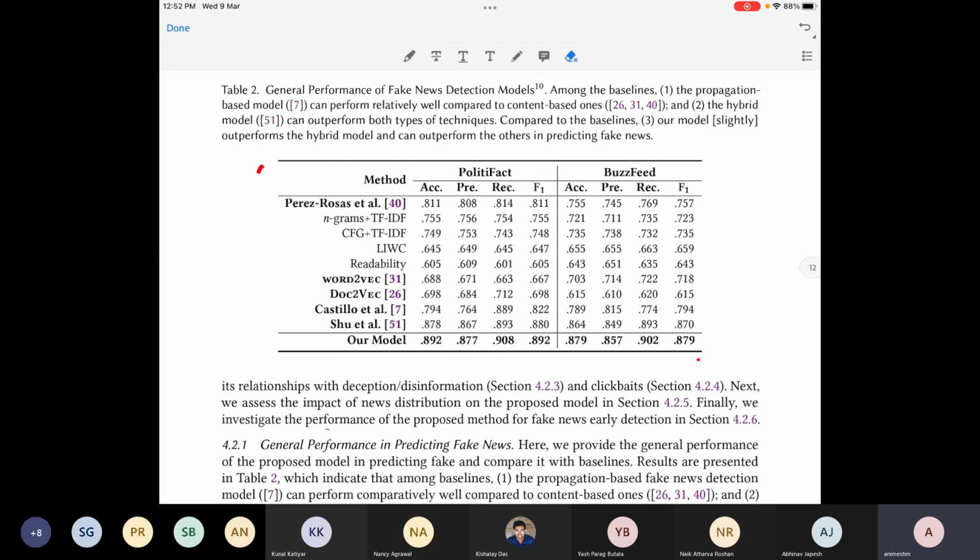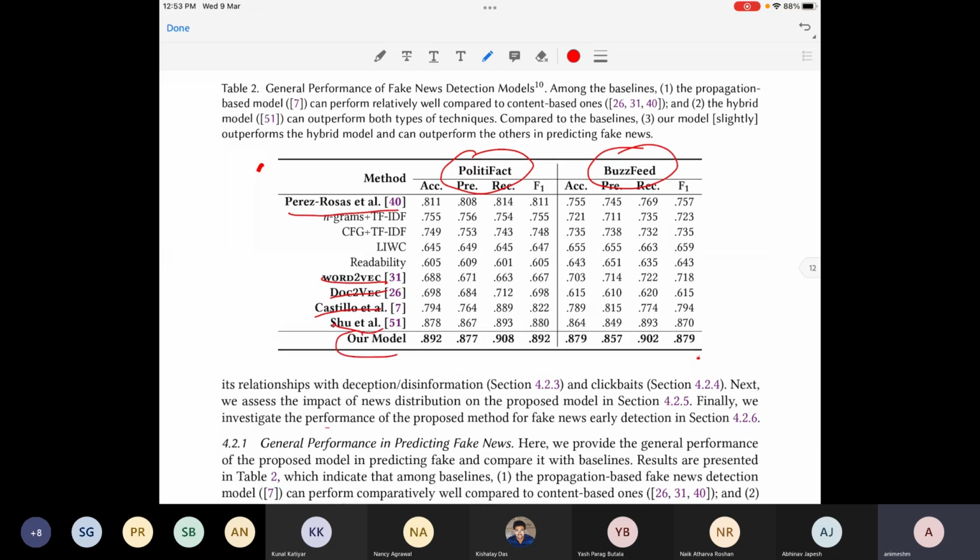Okay, so it is showing two different data sets, and it is showing the performance of the different baselines, and it is showing the performance of the model developed by the authors. So what is a quick observation from this table? Okay, what is the naive observation? Tell me.